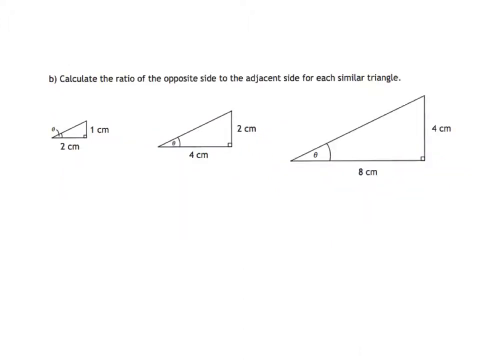So the next thing we're going to talk about is the actual trig ratios. This question asks you to calculate the ratio of the opposite side to the adjacent side for each of these similar triangles. So when we look at the first little triangle there, what would you say is the opposite side of that?